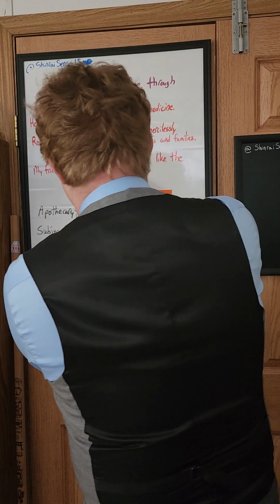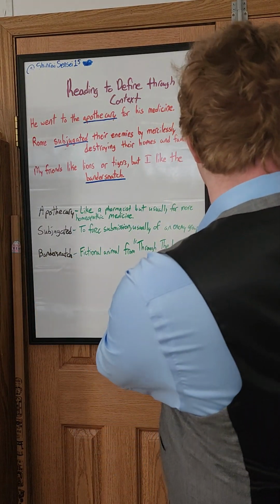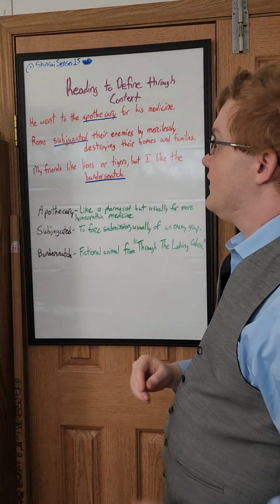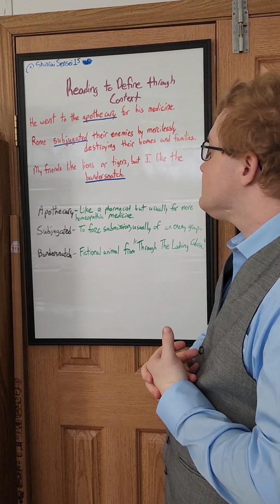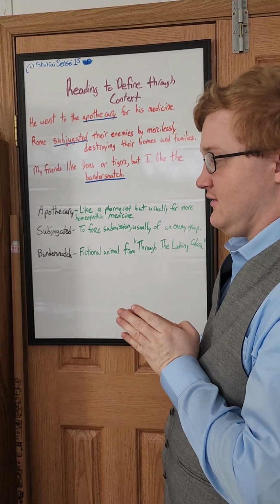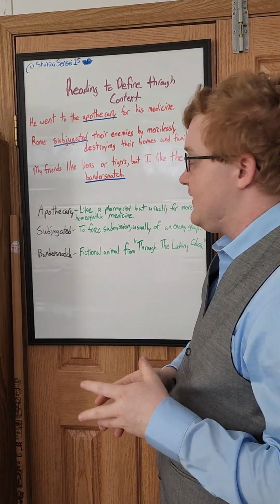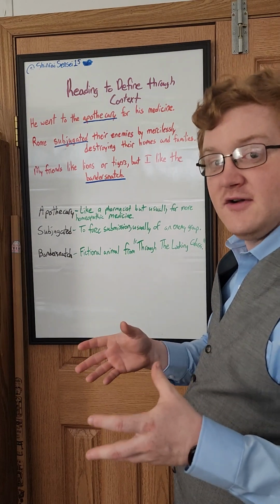And the answers are... An apothecary, if you didn't get it from reading the sentence, is kind of like a pharmacist, right? That's the closest thing you can compare an apothecary to. But the word hasn't really been relevant in a long time.